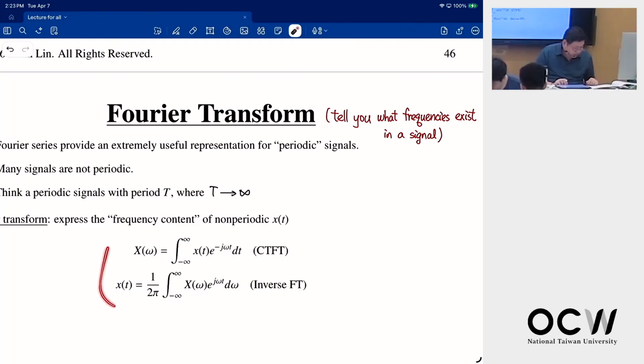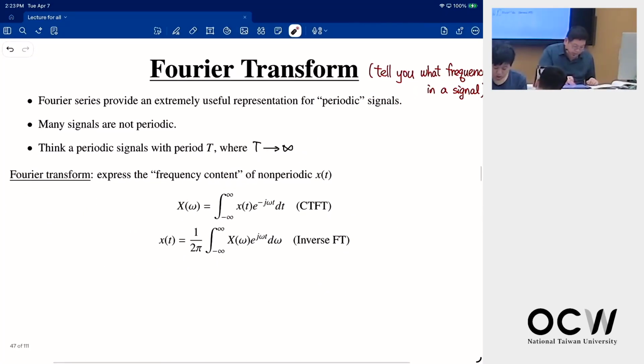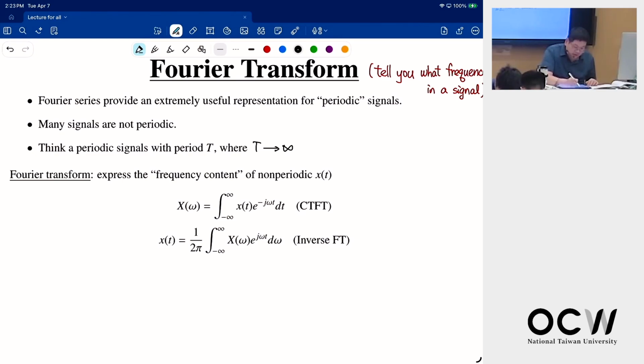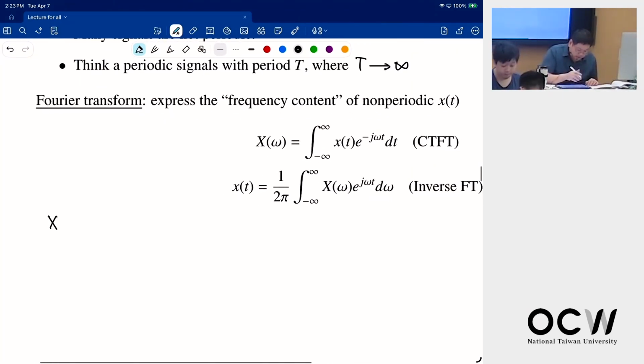Based on this Fourier transform, let's see what happens if I reverse omega. If I have minus omega, we are just changing the variables.